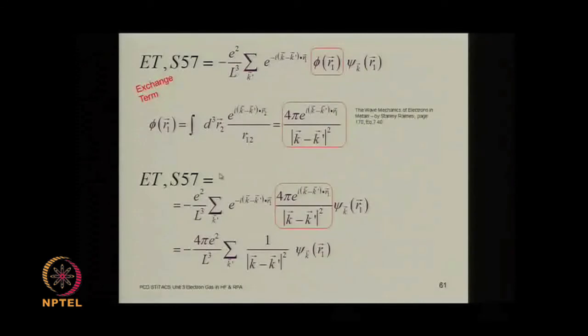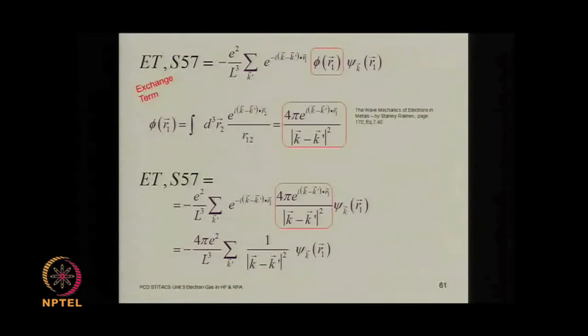The exchange term now becomes minus e square over L cube, summation over k prime, e to the power minus i(k minus k')·R1. Then you have this phi of R1, which is nothing but 4 pi e to the power i(k minus k')·R1 divided by the square of the difference between the momentum vectors, and then you have this ψk of R1 here.